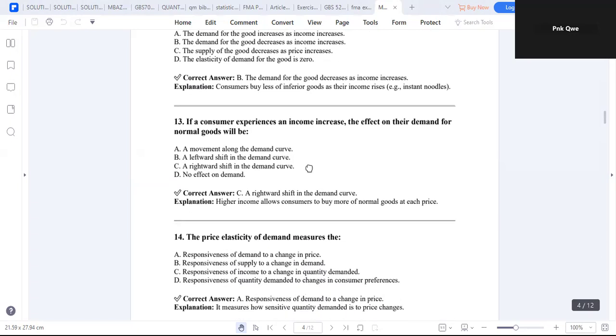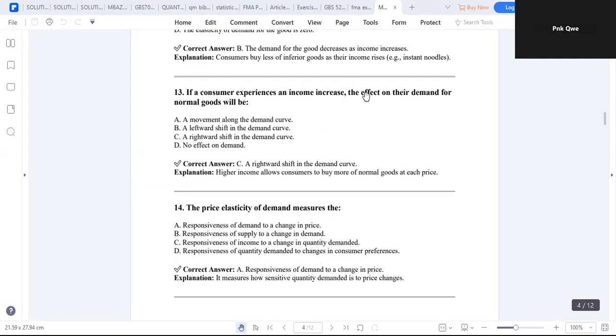Question number 13. If income increases, the effect on the demand for a normal good will be what? Here we're dealing with the income effect on normal goods. Higher income allows us to buy more goods at every price, shifting the demand to the right. This is a non-price determinant.